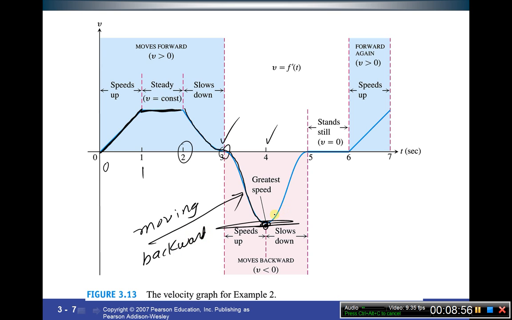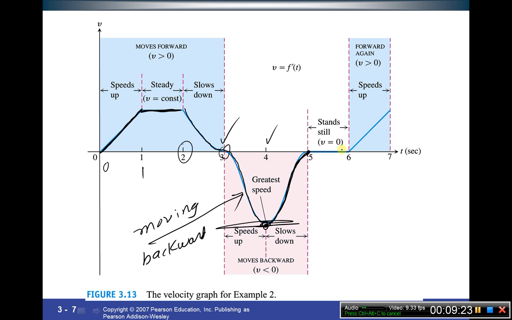And then between t equals 4 and t equals 5, the negative velocity gets smaller and smaller in absolute value, and finally the velocity goes to 0. So the body is slowing down.